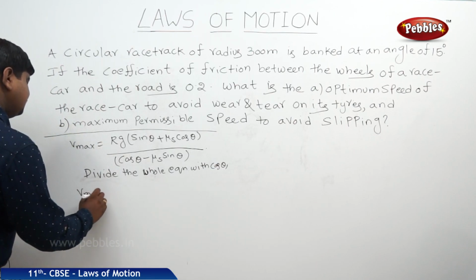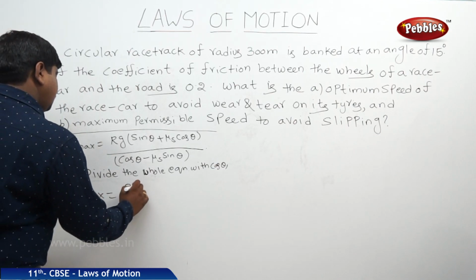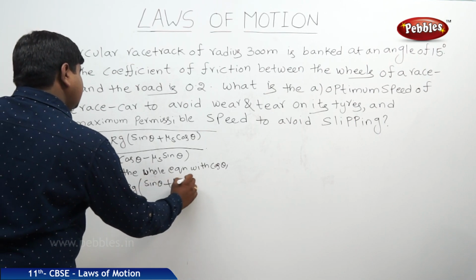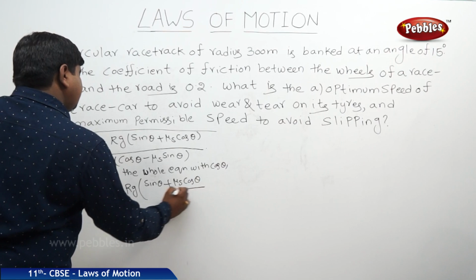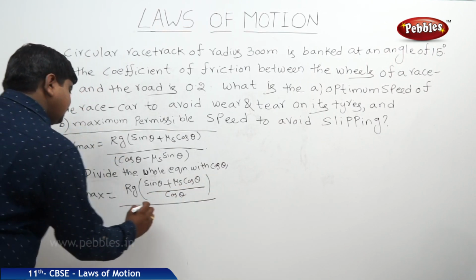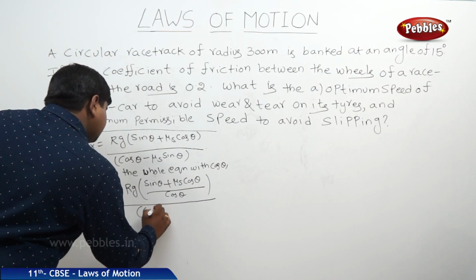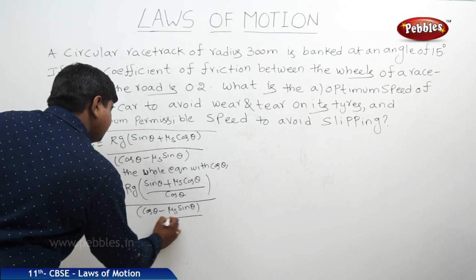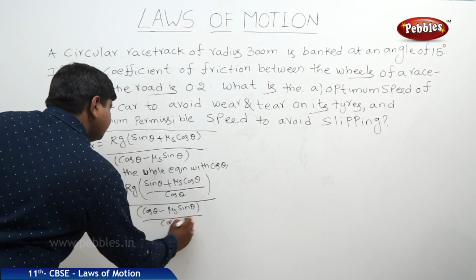Therefore v max is equal to Rg into sin theta plus mu s cos theta by cos theta, whole divided by cos theta minus mu s sin theta by cos theta.